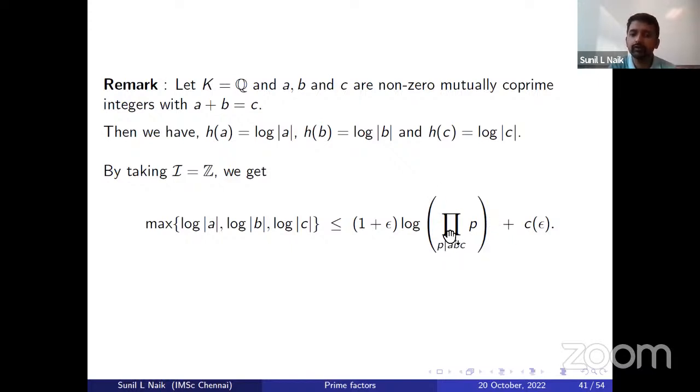Here this is equal to the radical, and by taking the exponential, we see that this gives the original conjecture due to Masser and Oesterlé.